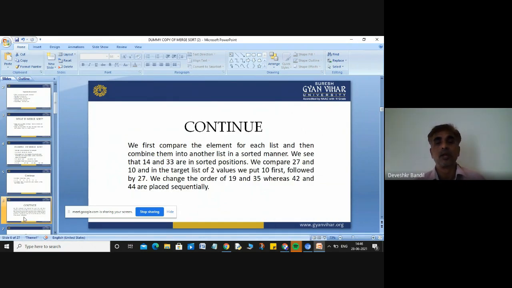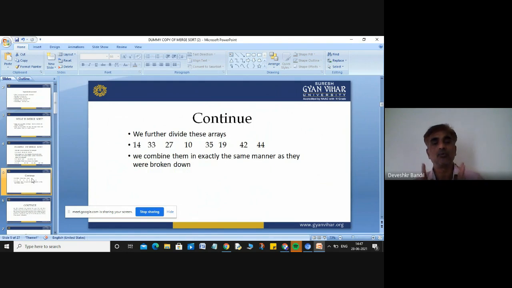Okay. So we compare 27 and 10, and of the two values, we put 10 first. Obviously, when you combine these, first of all 14, 33, 27, and 10. First of all you have to combine the atomic values like 14 and 33. 14 and 33 are already in sorted fashion.